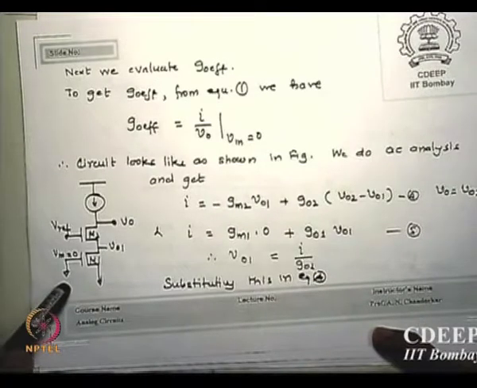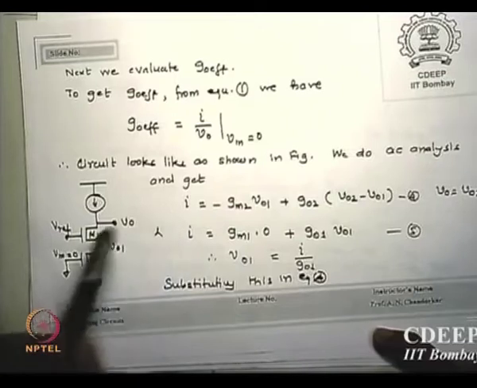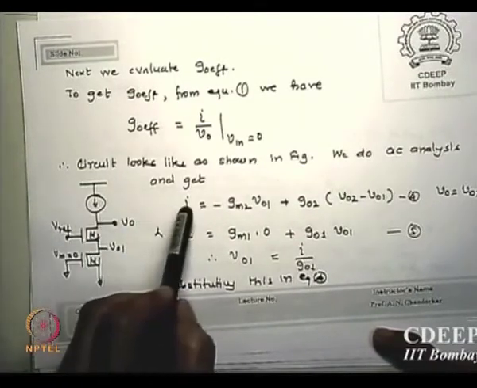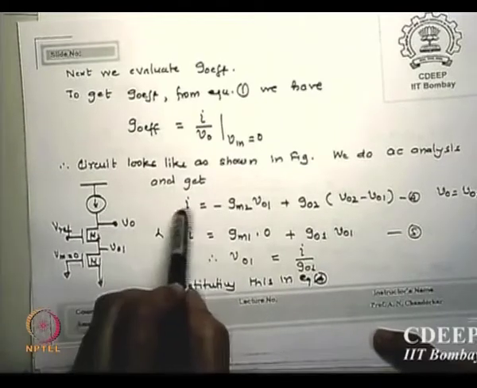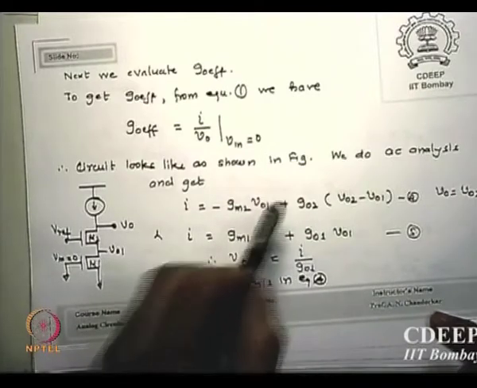Is that circuit okay? Input is grounded, that's what you said, Vin is 0, so I grounded it. I use the same current equations again for this as well as for this. For the second transistor, I is equal to minus gm2 VO1.